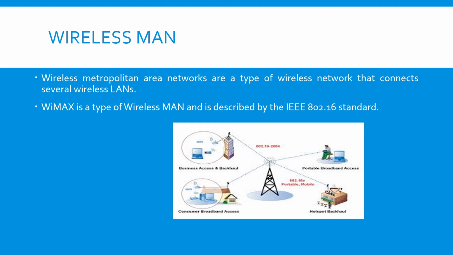And when we do this connection with the help of any wireless technology, then it is known as wireless MAN. An example of wireless MAN is WiMAX, that is the telephone or cellular phone towers that we experience when we move from one place to another, and from one city to another city. We are connected to the WiMAX technology.